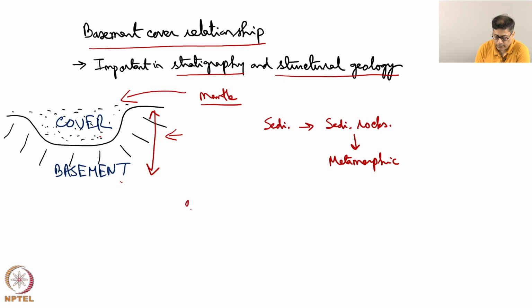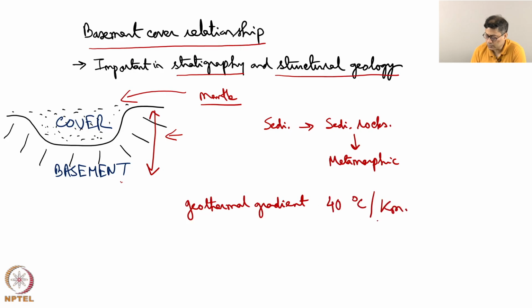We know the geothermal gradient normally is, say, 40 degrees centigrade per kilometer. As one goes 1 kilometer deep, the temperature increases by 40 degrees centigrade. Naturally, the basement rocks being at the deeper depth are at higher temperature than the cover material.